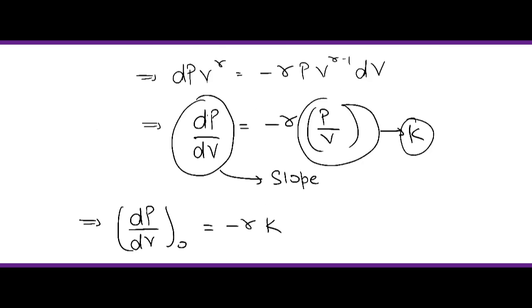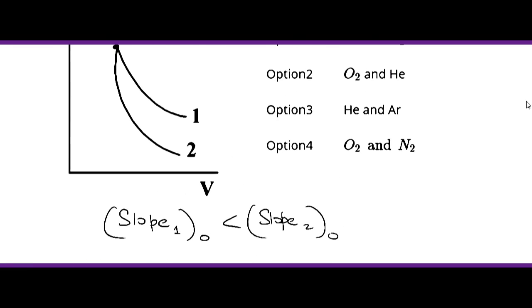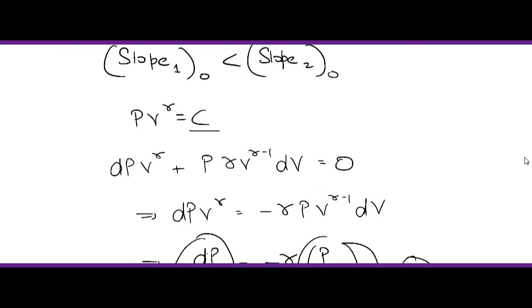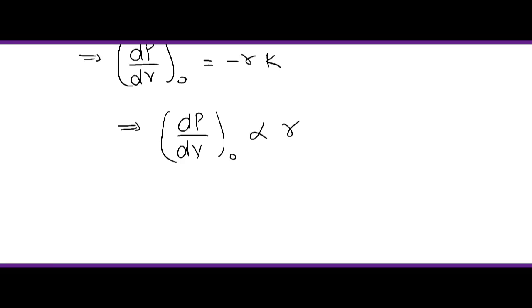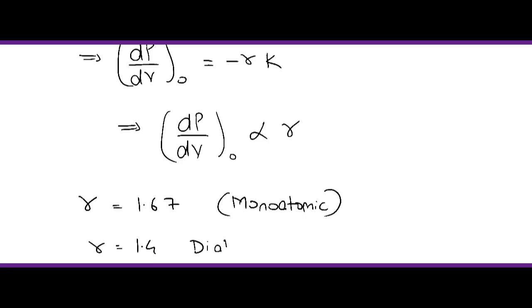That means at point O, the slope is directly proportional to the value of gamma. Now gamma is equal to 1.67 for monoatomic gas, and it is equal to 1.4 for diatomic.